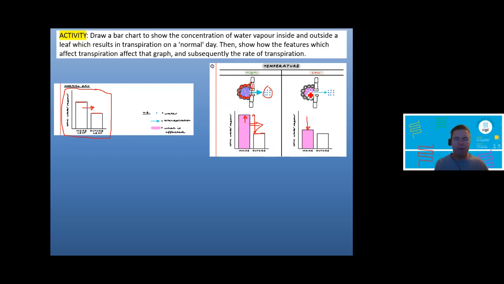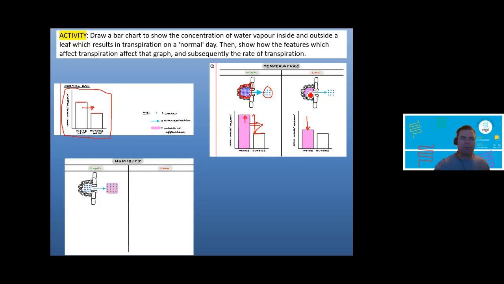Now, looking at humidity, and certainly humidity is just a different take on what we've just shown. Air movement is a little bit different, but let's go to humidity. So now you can see I've got this little key over here which says in pink is what's been affected. So here is what's been affected, this pink thing out here. Look at the difference between this situation compared to the conditions outside the leaf when we were looking at temperature. You can see there's a higher concentration now outside.